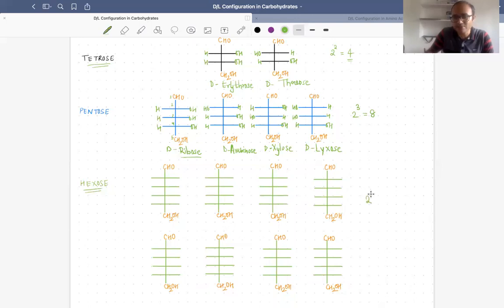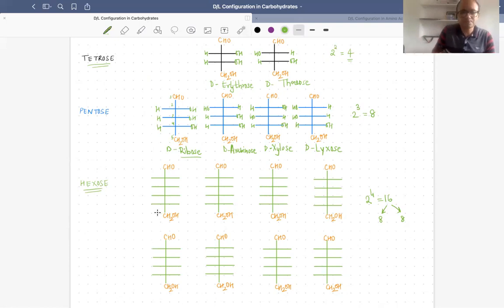So how many stereoisomers are possible? 16. You can easily say that 8 forms would be D and the mirror images of the 8 forms would be L. We will concentrate on the D form because all the natural monosaccharides are the D form. Once you know the D form, the L form is simply its mirror image.